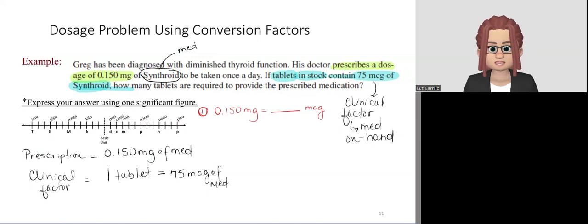So far, we have learned different techniques. I'm going to utilize the number line method to illustrate this conversion, but you can use whatever makes sense to you. The dimensional analysis, equality, so on and so forth. So taking this into consideration, I'm going to be converting from milligrams to micrograms.